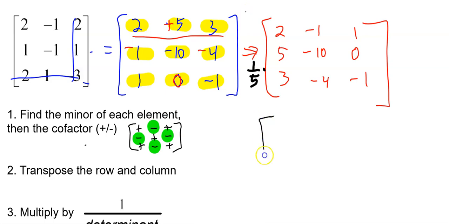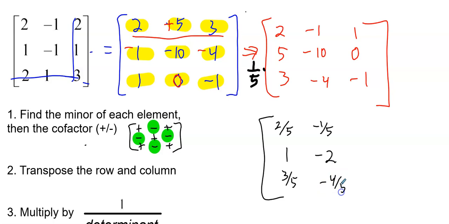Okay, so the answer should be 2/5, 5/5, which is 1, 3/5, -1/5, -10/5, which is -2, -4/5, 1/5, 0 times anything, 0, and -1/5.